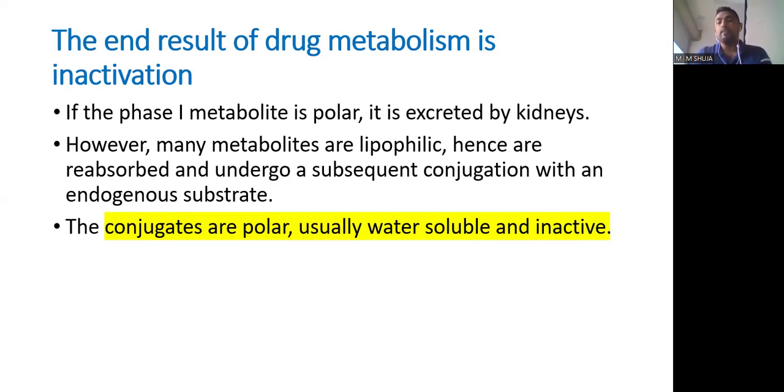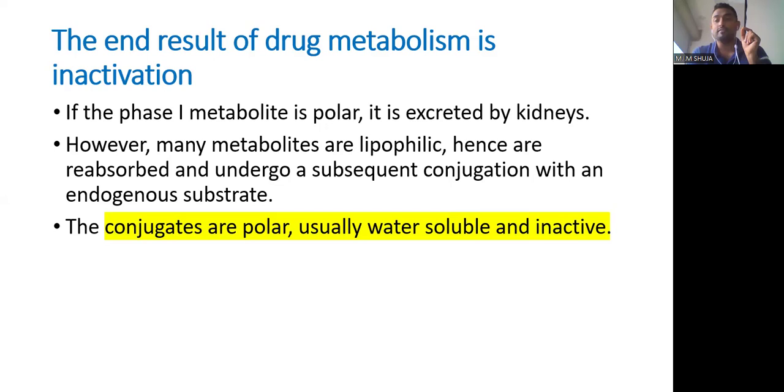However, many metabolites are lipophilic. That means they like lipids. So from the tubular membrane, there is a chance of reabsorption, because lipid soluble ones easily go across the cell membrane.